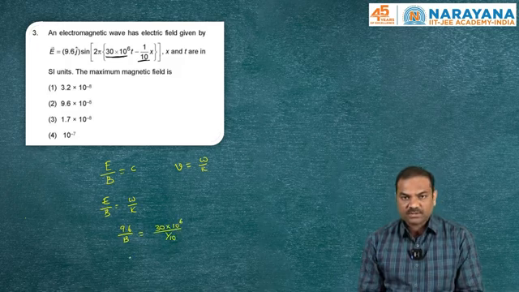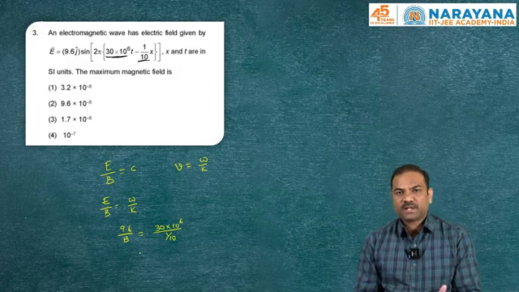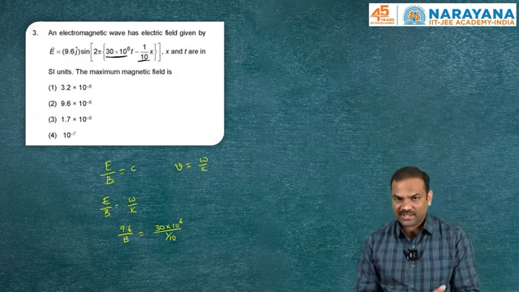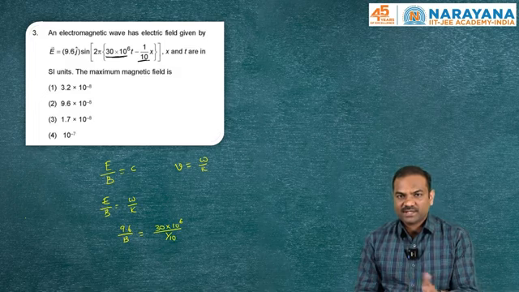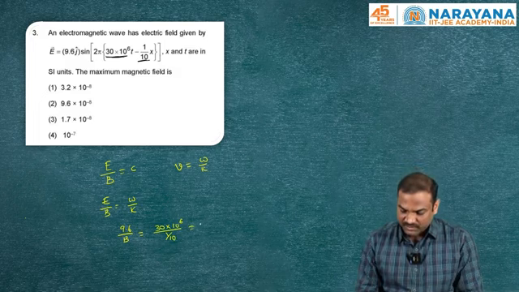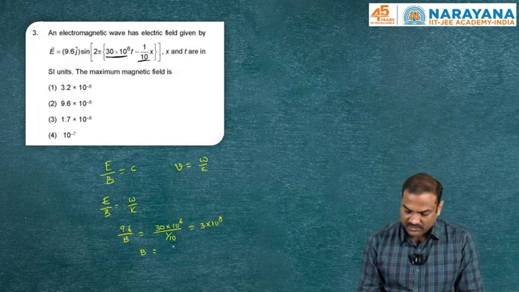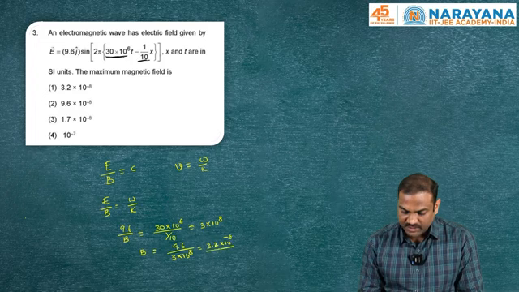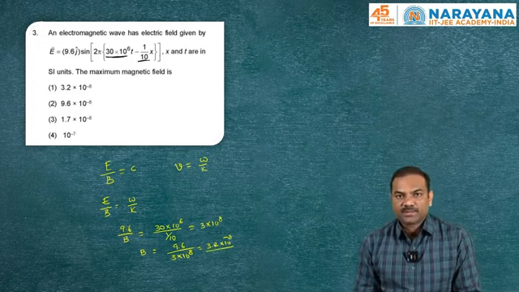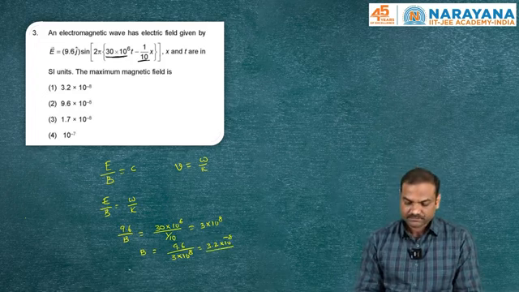It comes to almost 3 into 10 power 8, a C value only. So we can judge that it is in vacuum. So the required B value is equal to 9.6 by 3 into 10 power 8, which is 3.2 into 10 power minus 8. So our option is going to be 1.